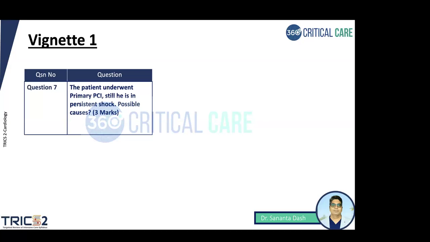A very common cause that should be considered is ongoing LV dysfunction and myocardial stunning, both from the myocardial infarction or post-reperfusion injury. This can be a cause for persistent cardiogenic shock post PCI. Again, we should rule out complications of PCI like wall perforation and pericardial tamponade.